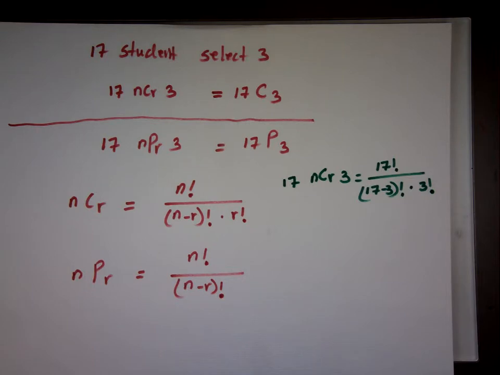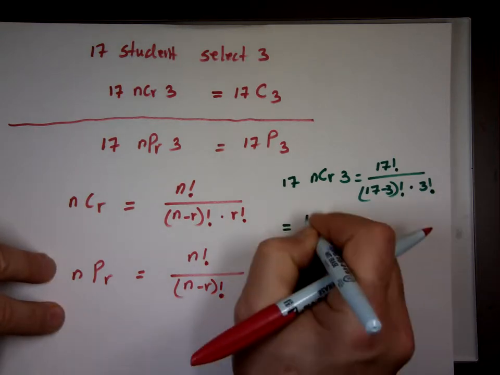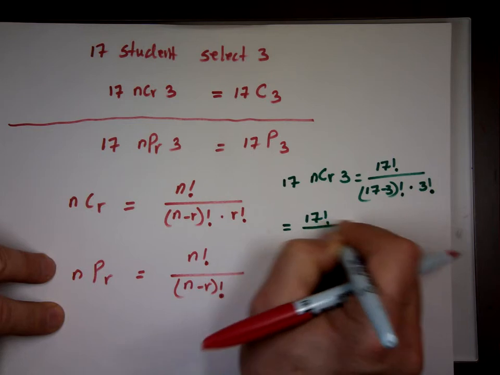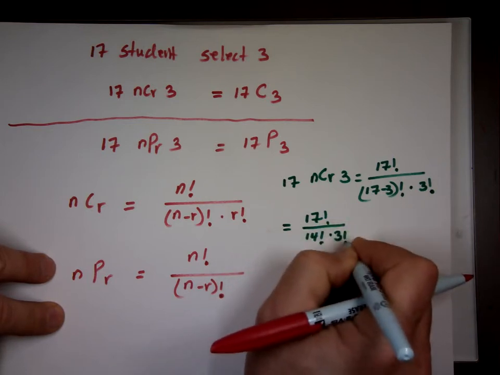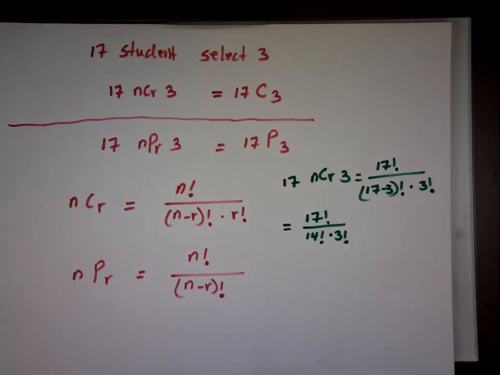Which is what? 17 factorial over 14 factorial times 3 factorial. I don't have a calculator. I'm going to do it by hand. Or my calculator died, I'm taking a test, and I need to do this one.